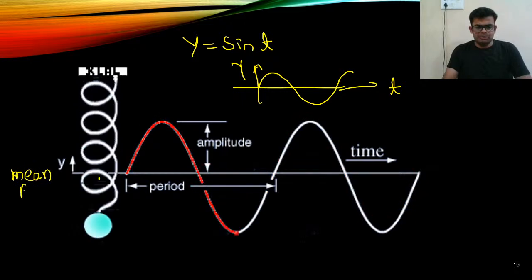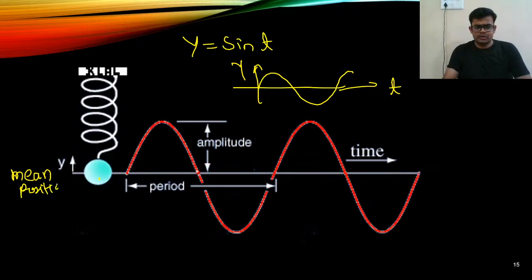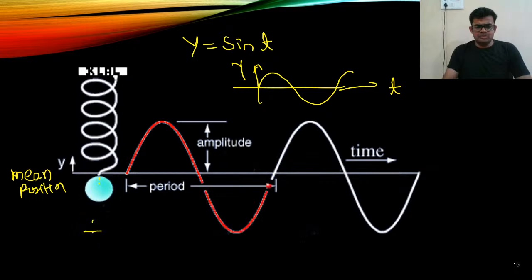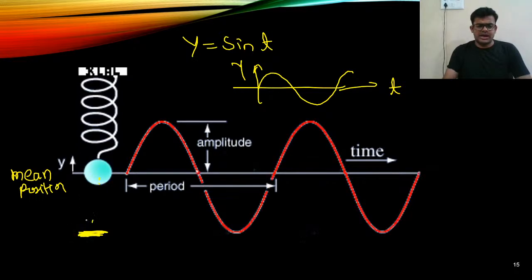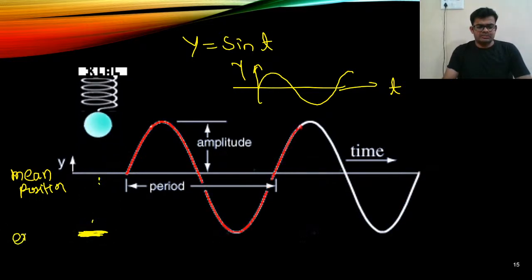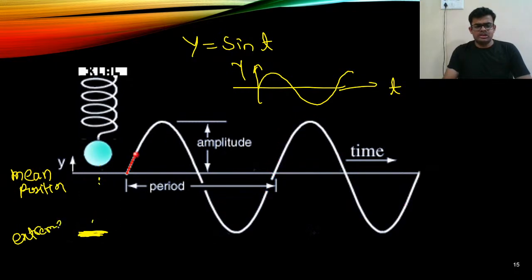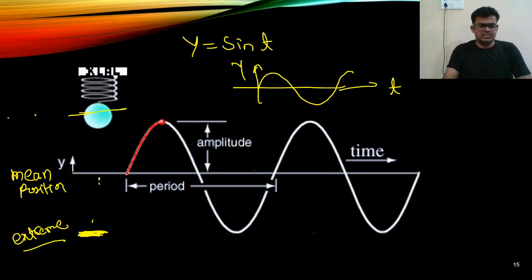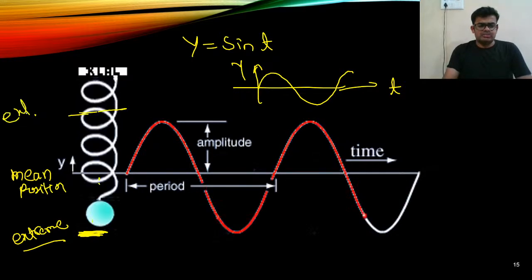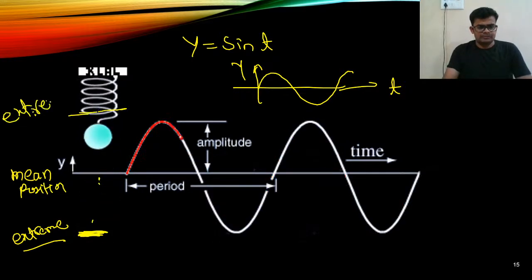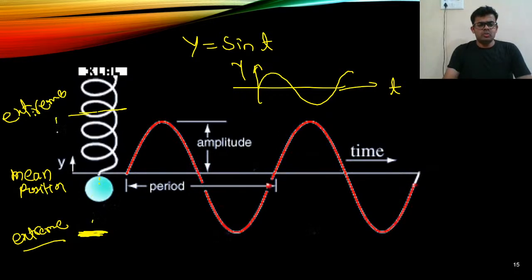This is the maximum displacement the particle is reaching, so this is called the extreme position. This is the minimum position, so I can say this is also extreme, but this is the negative extreme. Between these two positions, the particle is executing SHM.